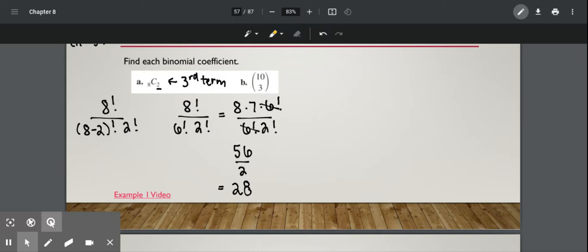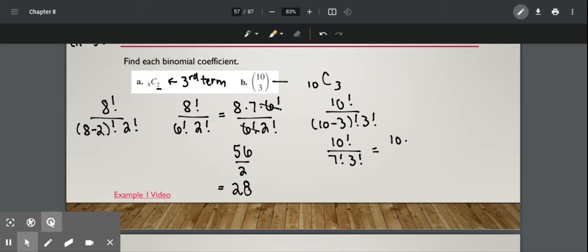And if we do the same thing for B, when it's written in this form, that really just means 10C3. So we would do 10 factorial over 10 minus 3 factorial times 3 factorial, or 10 factorial over 7 factorial times 3 factorial. If you simplify, this is 10 times 9 times 8 times 7 factorial over 7 factorial times 3 factorial.